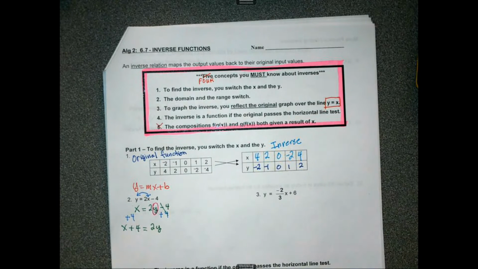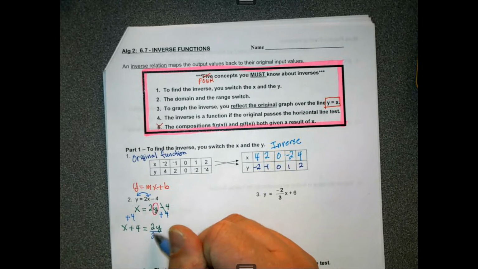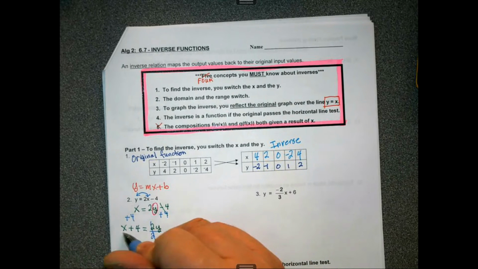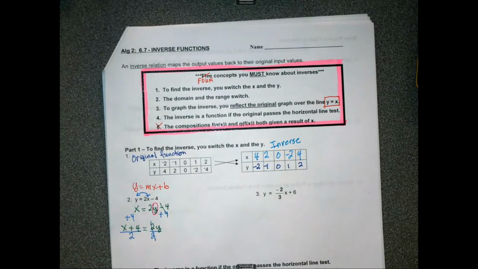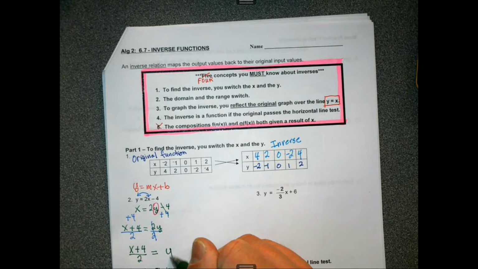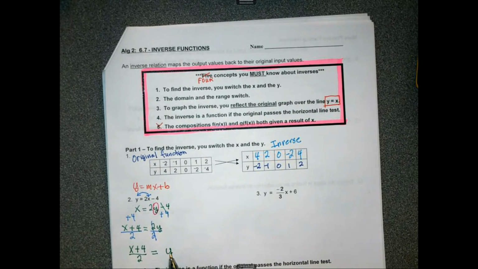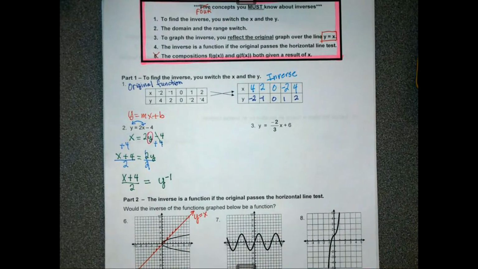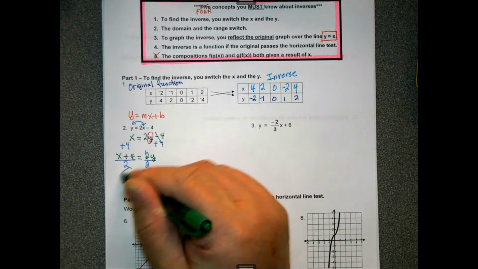And then I'm going to divide by the coefficient 2. Because we're just finding the inverse, I'm going to divide this whole thing by 2, and I'm not going to simplify it. Okay? So, x plus 4 divided by 2 equals my inverse function. Now, to denote this as an inverse function, I'm going to put a little minus 1 there. So that's my inverse function.